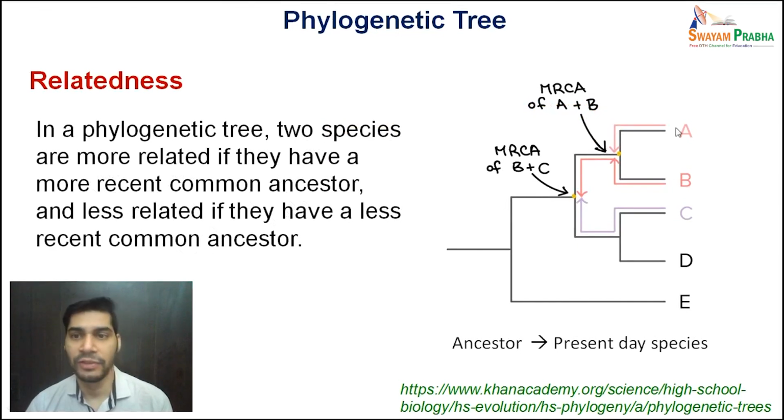Now if you see here, starting from this, that is the ancestral species, and these are the present day species. So for A and B, this is the most recent common ancestor. For AB and CD, this is the most recent common ancestor, and for B and C here. So they show the relatedness and the time history as well.